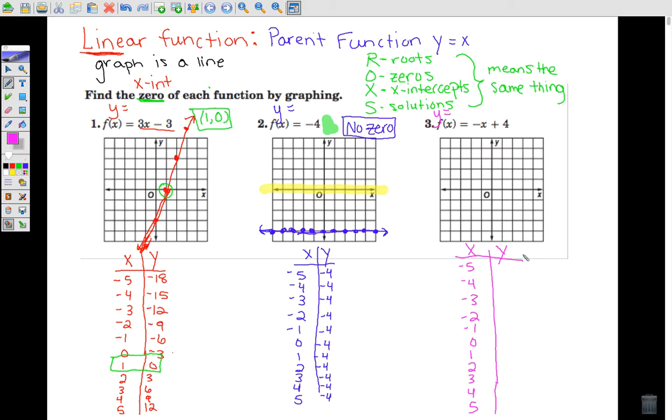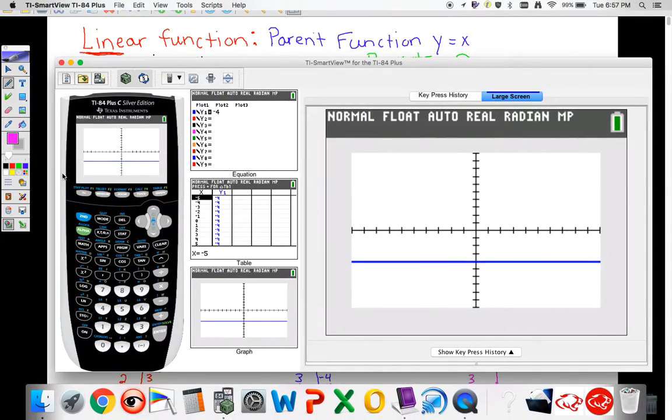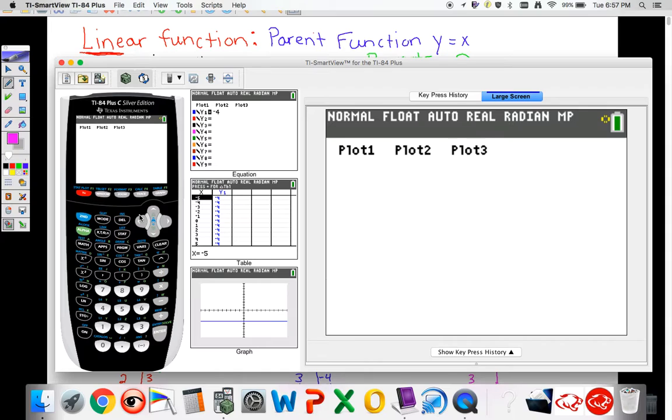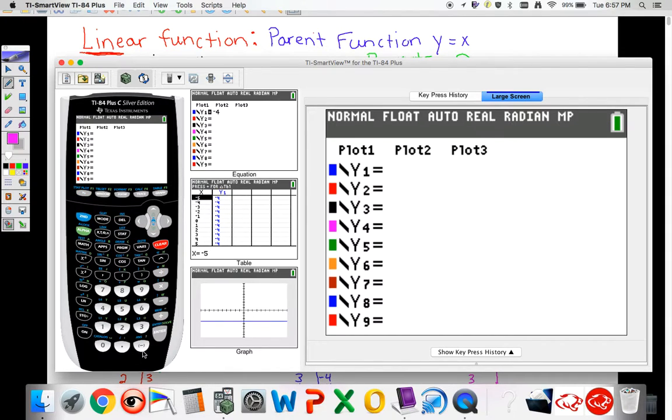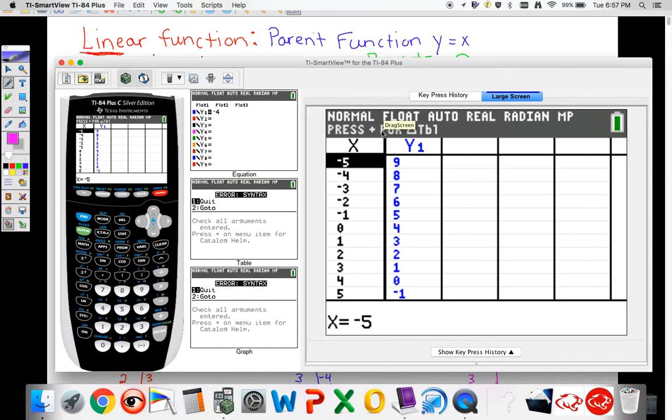positive 5. We're going to go ahead and plug this into our calculator. So we have negative x plus 4. So we'll have y equals, clear this out, we have negative x plus 4. Hit second graph to go to your table. And we're going to go ahead and copy our y values. So we're going from 9 to negative 1.